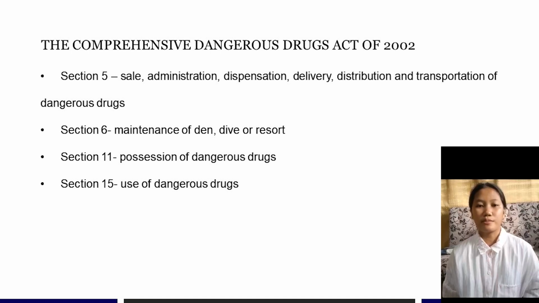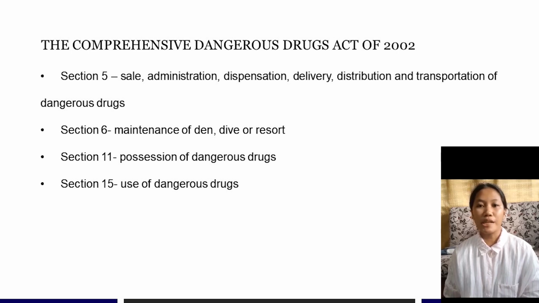Section 6. Maintenance of den, dive, or resort. The penalty of life imprisonment to death and a fine ranging from 500,000 pesos to 10 million pesos shall be imposed upon any person or group of persons who shall maintain a den, dive, or resort where any dangerous drug is used or sold.